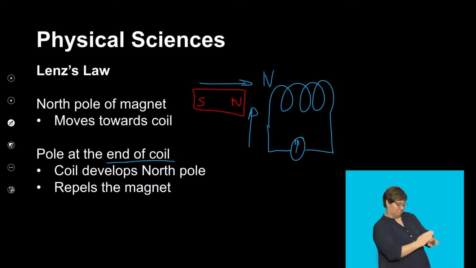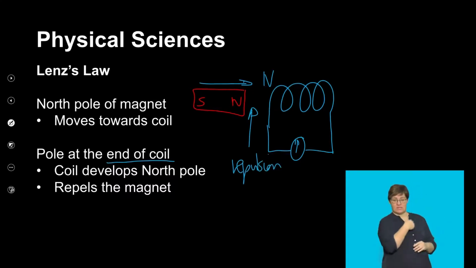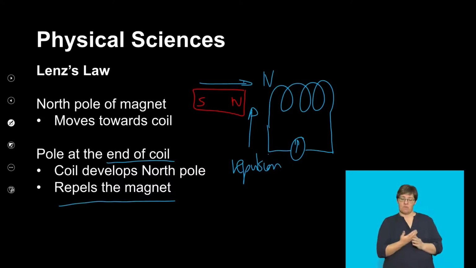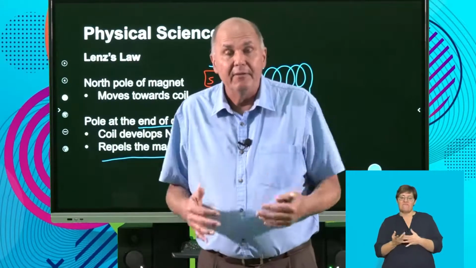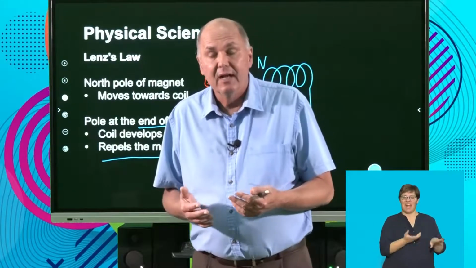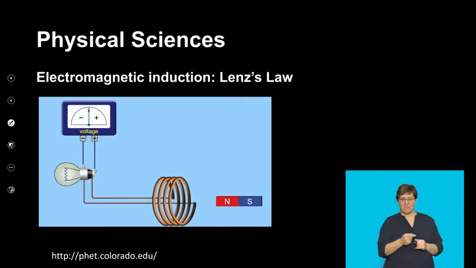So it wants to create repulsion. It repels the magnet. And in that process, by creating a North Pole, there is an induced EMF, there's an induced current that passes through the coil. Let's do one more situation, and let's make sure that we've got that very clear. So if I'm moving this North Pole towards here, this end is going to become a North Pole.